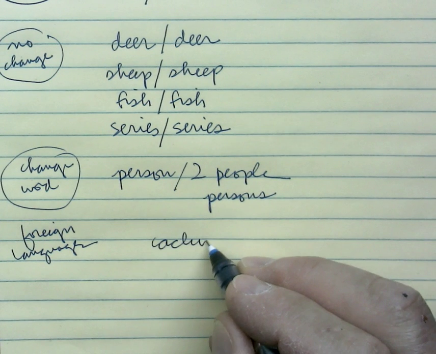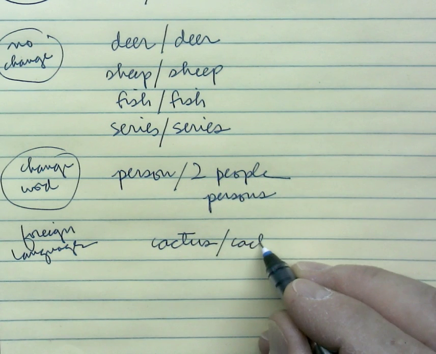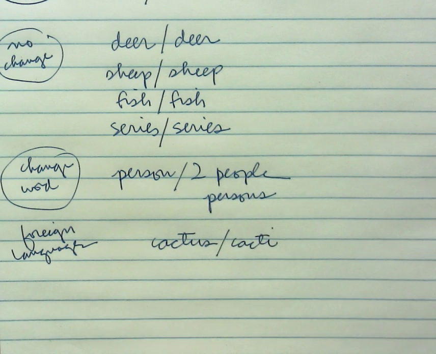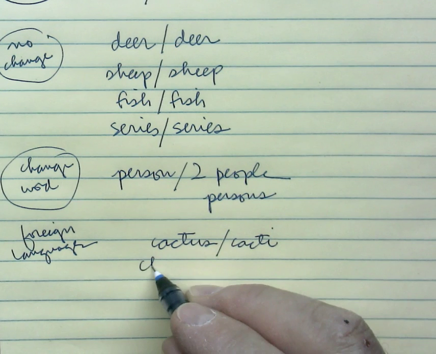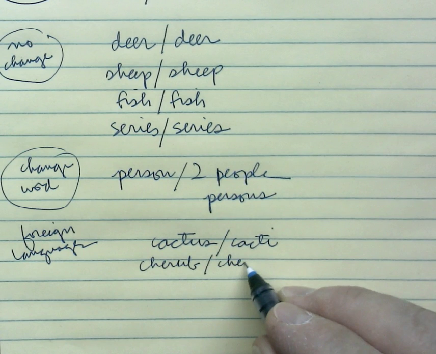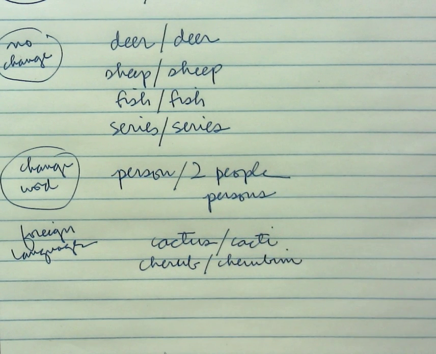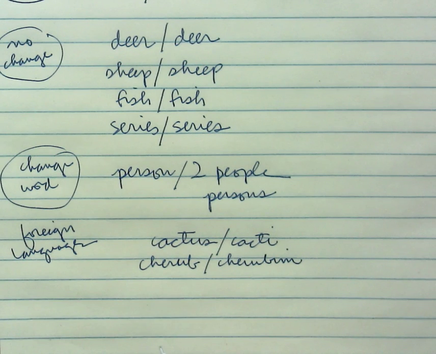For example, 1 cactus plant, many cacti. Or cherub, cherubim. Or phenomenon and many phenomena.